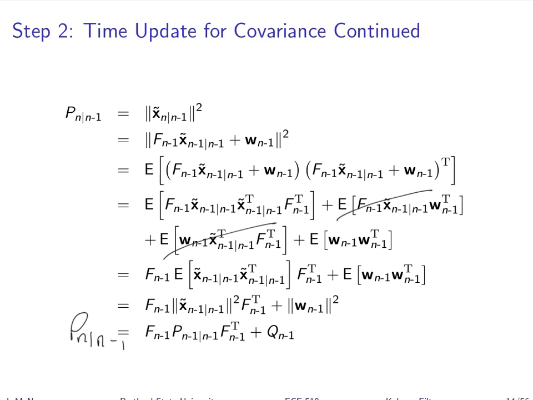So I know you can't go back, but on the previous slide the error, x tilde, is defined as the true state minus the estimated. You don't ever have the true state. You're right, we don't. But at the end of the day, this is defined in terms of an expectation.